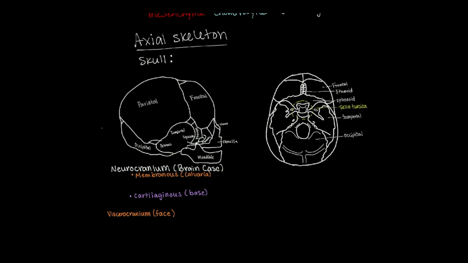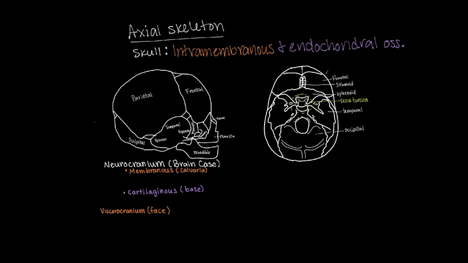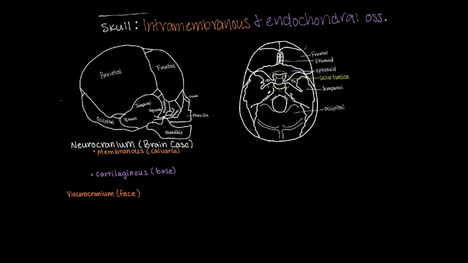The skull itself will actually undergo both intramembranous and endochondral ossification. And if you noticed, I actually color-coded this down here to show you what parts undergo intramembranous and endochondral ossification.